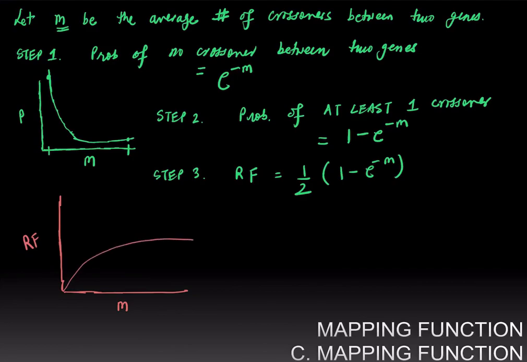And one interesting thing is that as m goes to infinity, that means the genes grow farther and farther apart, e to the power minus m goes to 0 because it's an exponential decay, and therefore the recombinant frequency goes to half.